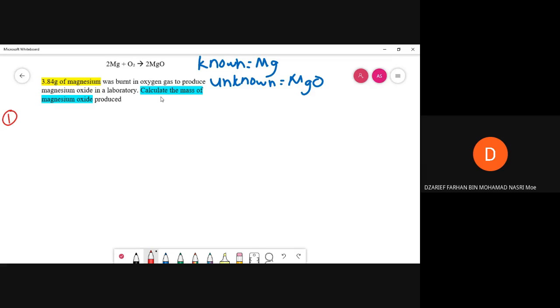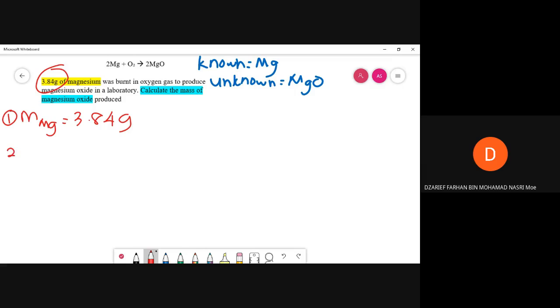Since we have to find the mass of magnesium oxide, now we know that our unknown is magnesium oxide. So, first step, write down the mass of the known, that is Mg, 3.84 gram, from the question.